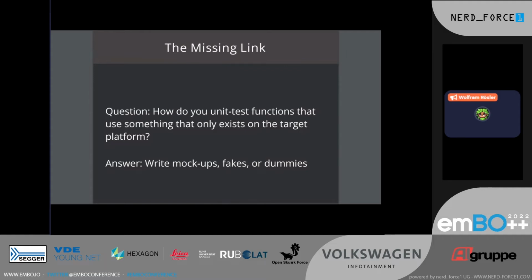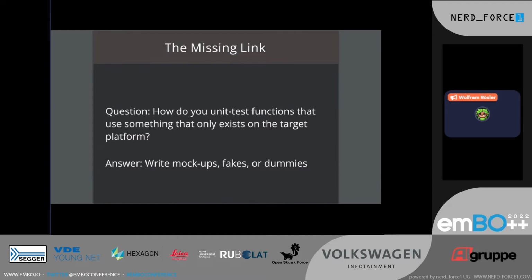And that's not a difficult question either, because everyone knows how to write mockups, fakes, or dummies, which is essentially a software layer which makes your C++ functions, the ones you are testing, believe they're running on the target hardware, but in fact they're just running on the CI and accessing the mockups and not the real thing. You have to do that, because how else are you supposed to test something that exists only on the target platform?